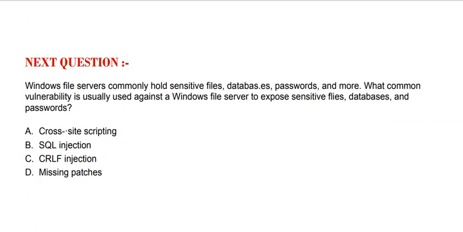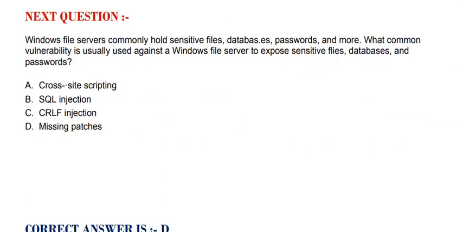Next question is, Windows file servers commonly hold sensitive files, databases, passwords, and more. What common vulnerability is usually used against a Windows file server to expose sensitive files, databases, and passwords?